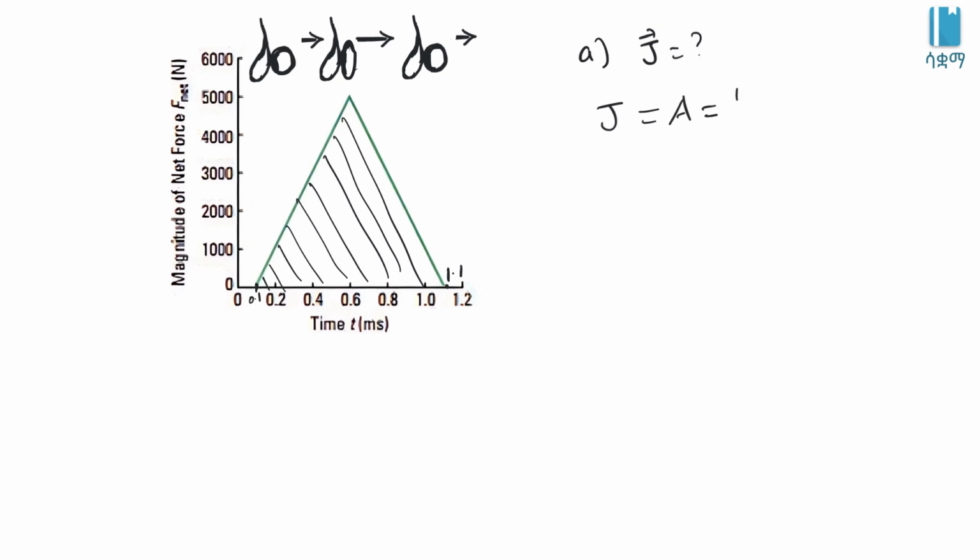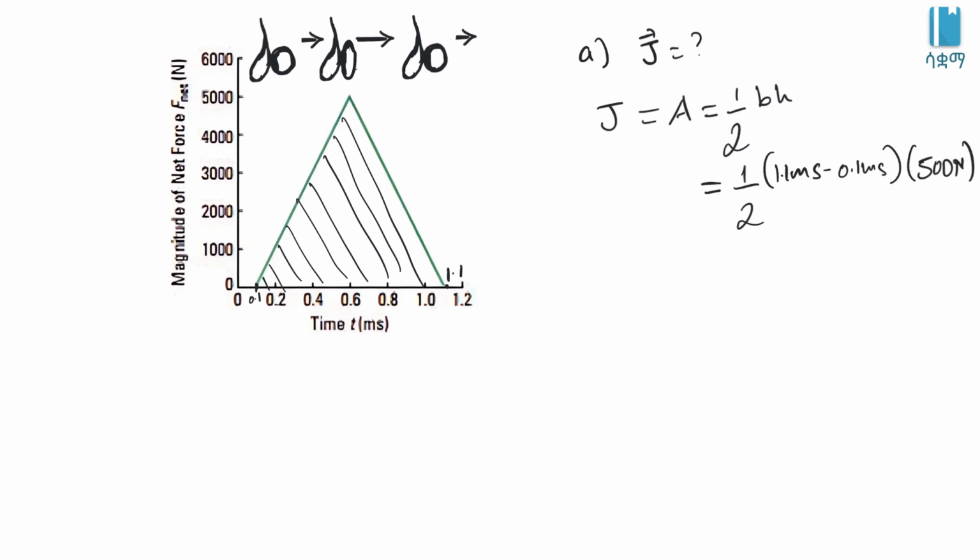In this case the area is 1/2 base times height. The base is between 1.1 and 0.1 milliseconds, so the base is 1.1 milliseconds minus 0.1 milliseconds, multiplied by the height. As you can see here, the height of the triangle is 500 newton.